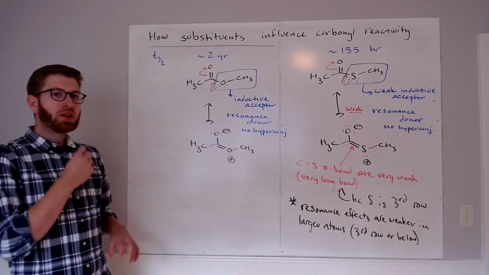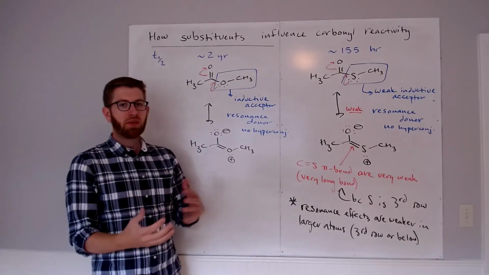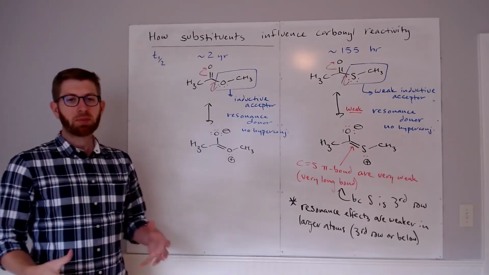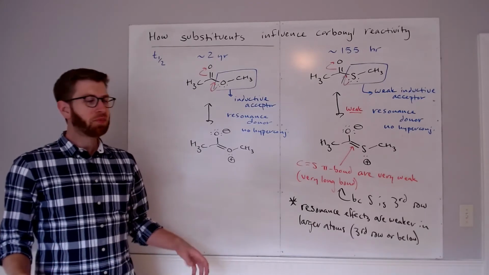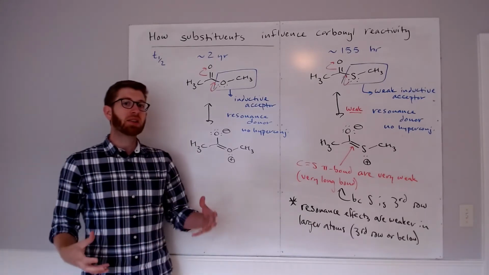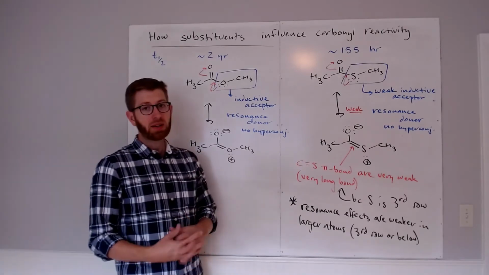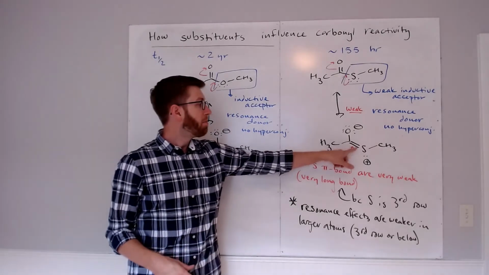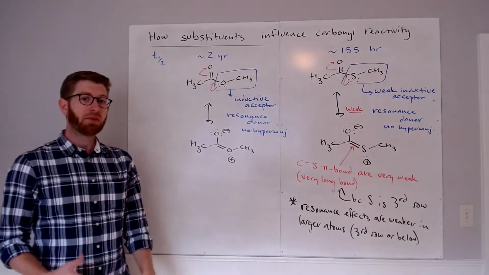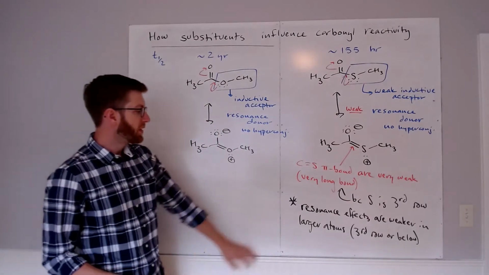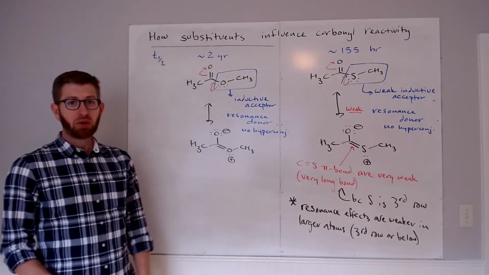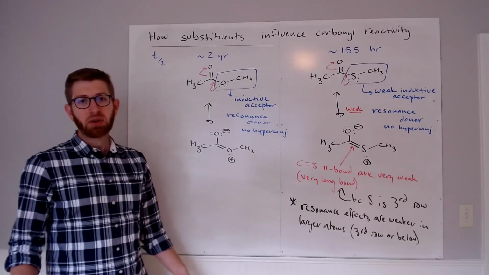So not only do we have to think about the strength of inductive effects, which is going to be based on the extent of a bond dipole, we also have to think about the extent of resonance effects. And in part, that's going to be dictated by whether or not it's really feasible to make the new pi bond that we would need for the donation to actually happen. What we see is that for third and fourth row elements, that's really not feasible in a meaningful way.